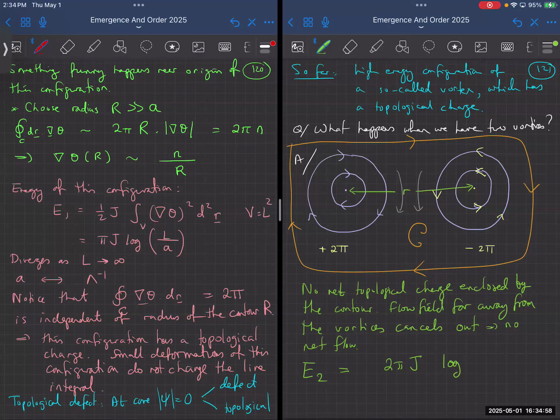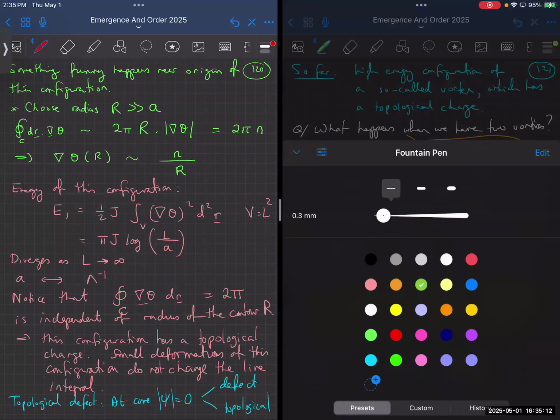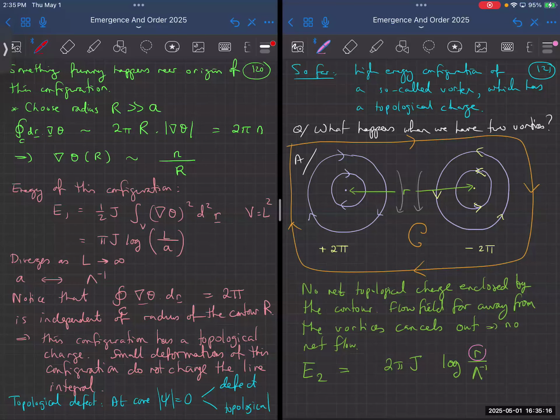You only see the scale of the vortices on the scale of R. So R replaces L. We get the same formula as before, but L is now replaced by the separation between the vortices.